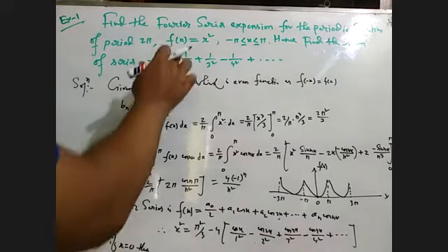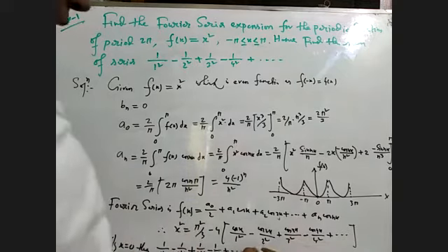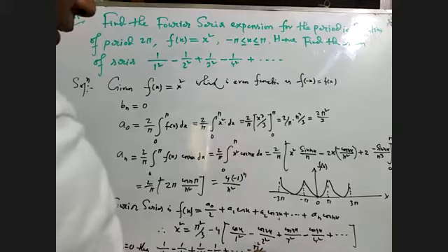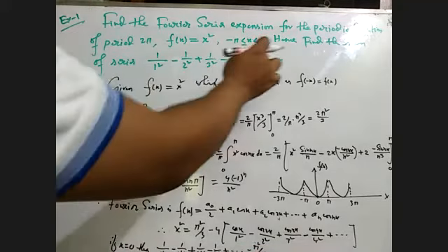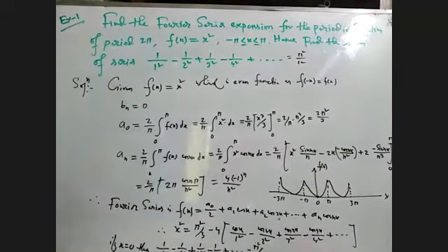So we get our series 1 by 1 square minus 1 by twice square plus 1 by thrice square minus 1 by 4 square plus dot dot, which equals pi square by 3, and dividing by 4 on both sides, we get pi square by 12. This is our required result, we get the sum of this series.